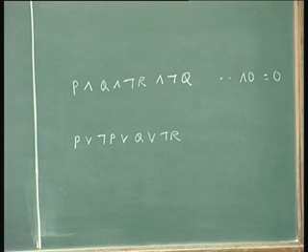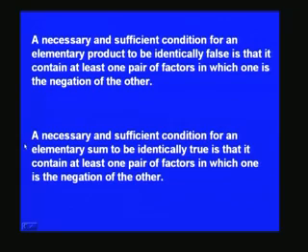And the other way around, a necessary and sufficient condition for an elementary sum to be identically true is that it contains at least one pair of factors in which one is the negation of the other.